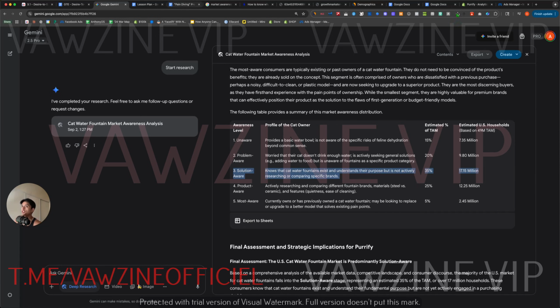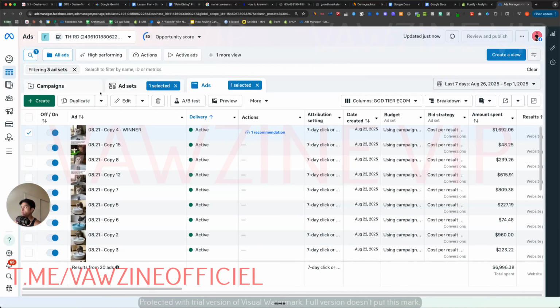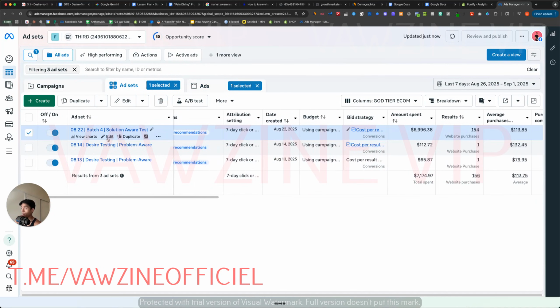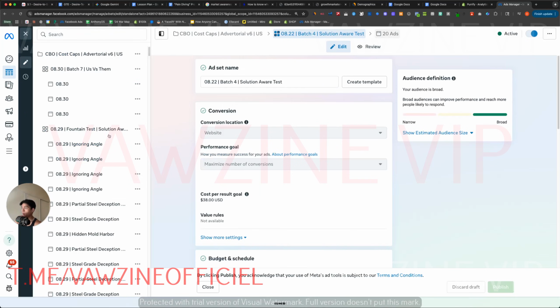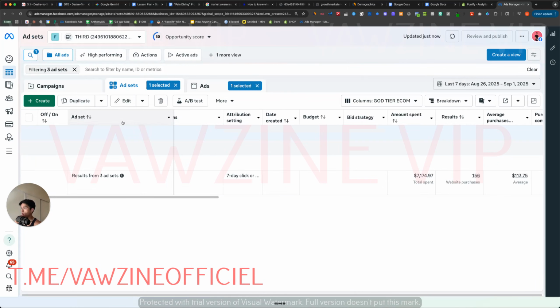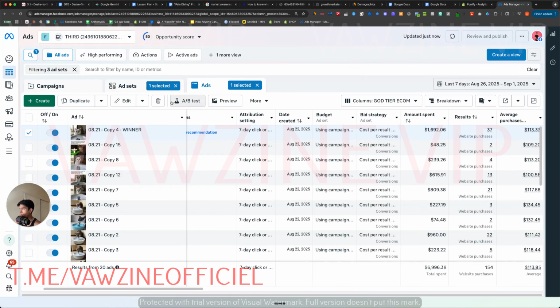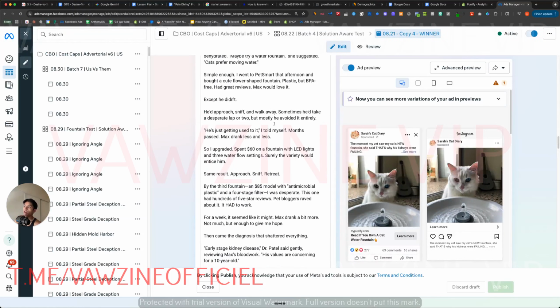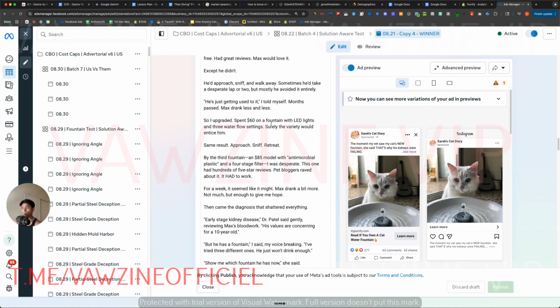And by just changing the awareness level and writing the exact same desire and same angle, and when I say same angle, it's literally the exact same angle. Let me show you here. So it's the exact same angle, meaning it's still a 3 a.m. emergency vet story, right?